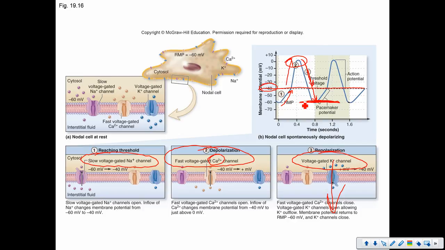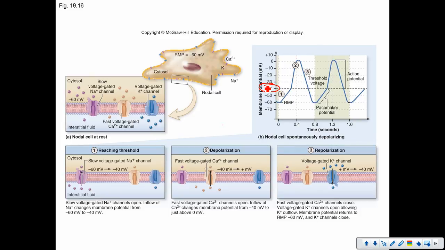So reaching threshold is the negative on the outside, trying to get positive on the inside. Say it one more time here. Sure. Okay, so threshold is a voltage that is specific to different tissues. So in the cardiac muscle tissue, threshold is minus 40. In neurons, it's minus 55. So it depends on what it is.